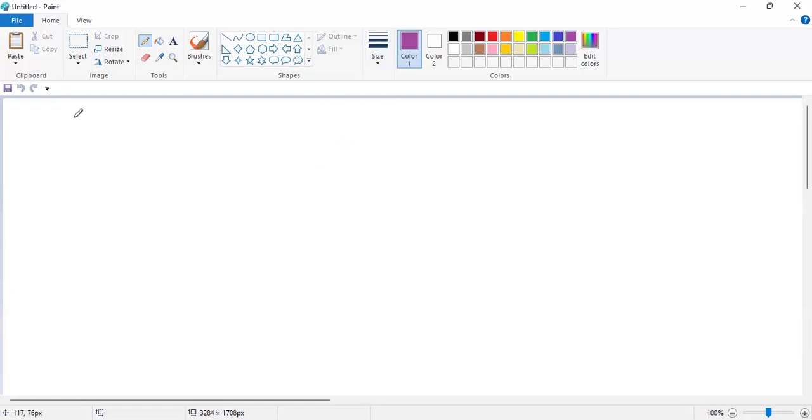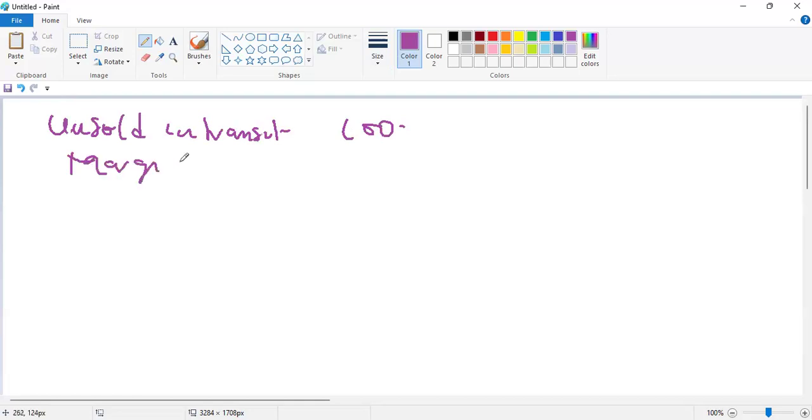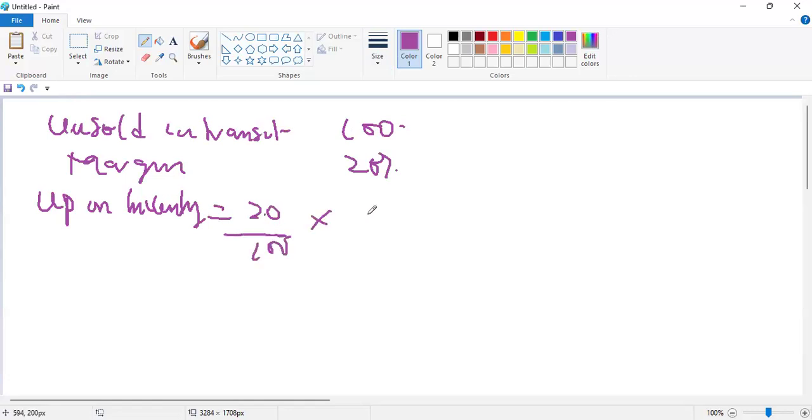The unsold goods in transit are 100 million at a gross profit margin of 20%. Unrealized profit on inventory equals 20 over 100 times 100, which is 20.